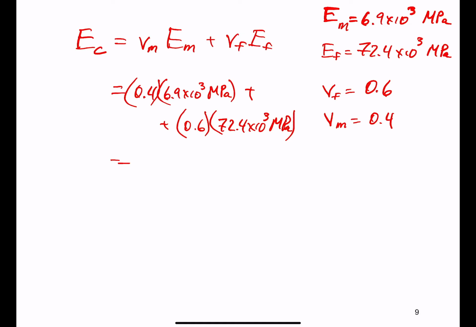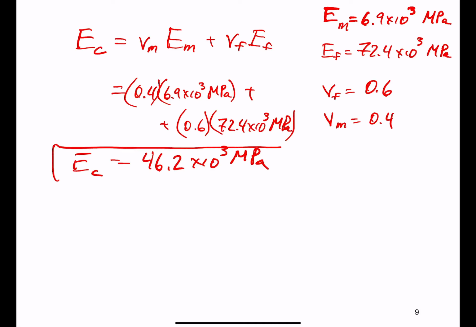And after doing this, you should get 46.2 times 10 to the 3 megapascals as the composite's upper bound or isostrain modulus value.